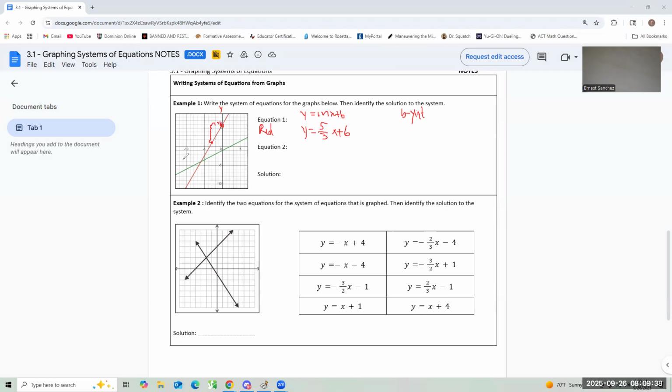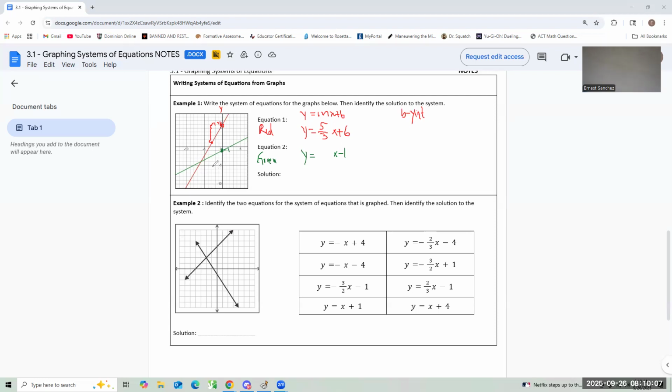Now equation 2 is going to be your lower line. This is going to be your green. Same concept, right? For my y-axis, it hits down here at -1. So y equals, I don't know this yet, x, and then -1.